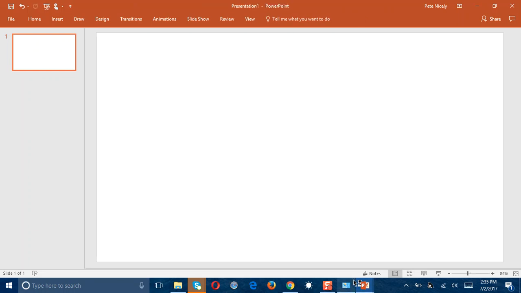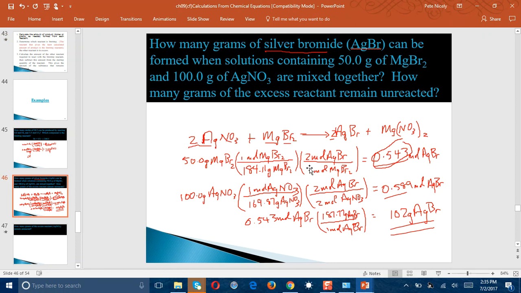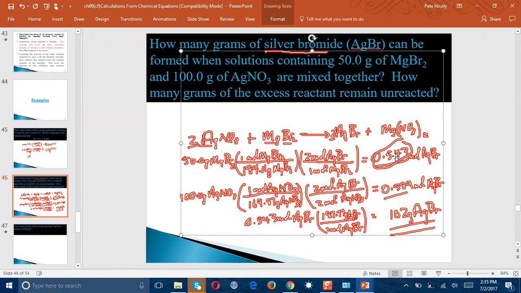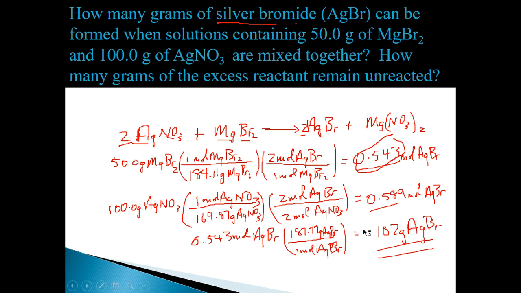Okay, so basically the next question is asking how many grams of the excess reactant remain, right? We already identified the limiting reactant, believe it or not, because this is the amount of product you expect to get, the 0.543 moles.